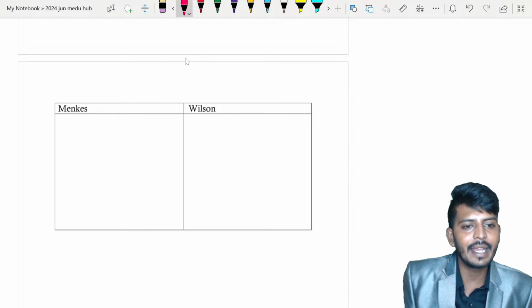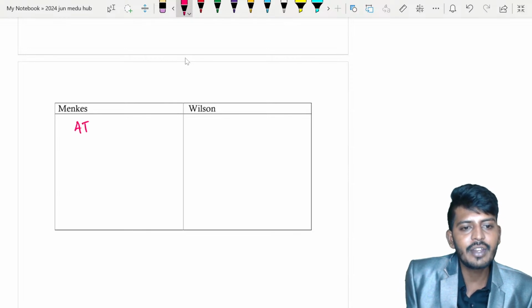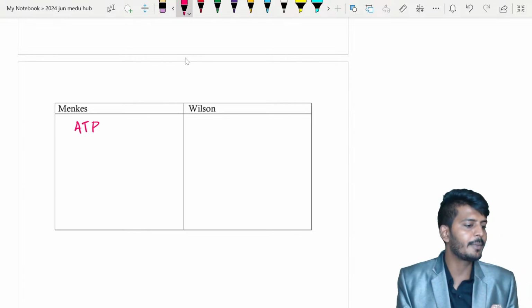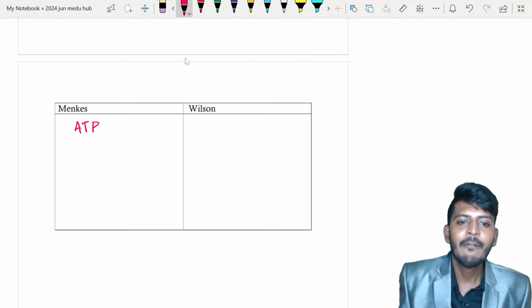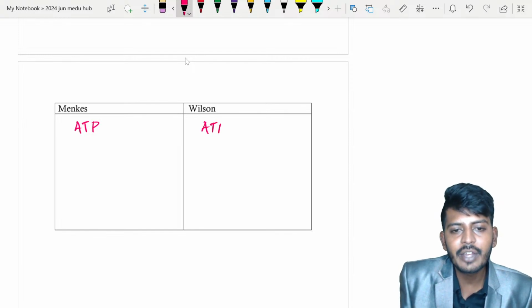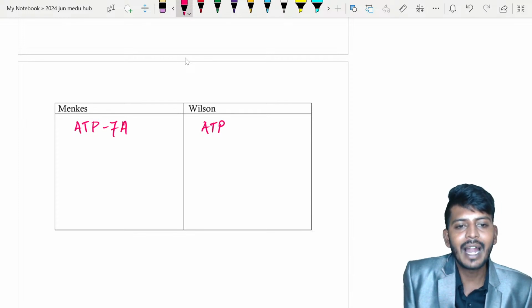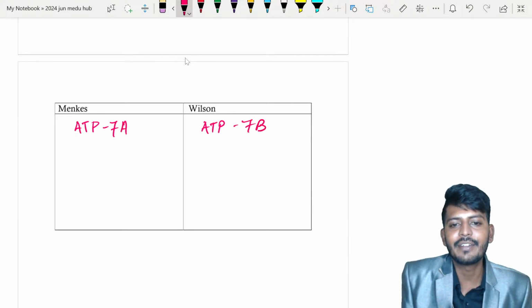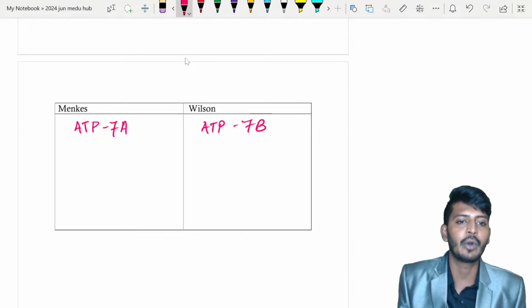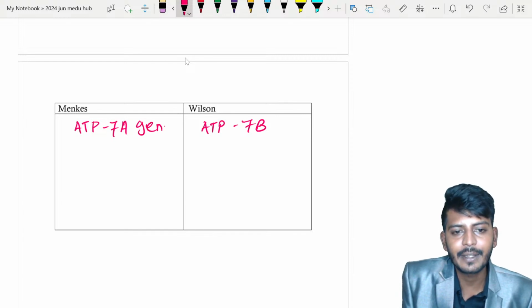Wilson disease and Menkes, it is caused by the mutation of ATP gene. What is that called? By mutation of ATP gene. Wilson disease also caused by mutation of ATP gene only. ATP7A defect in Menkes and Wilson is ATP7B, defect of 7B gene. Okay, not deficiency, gene defect.